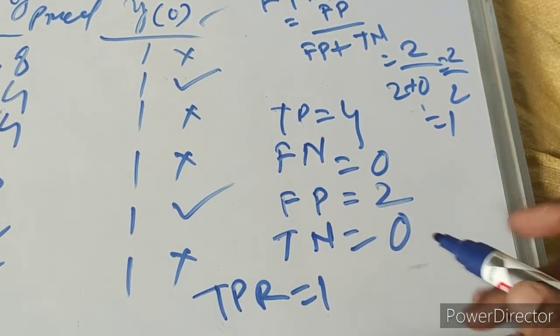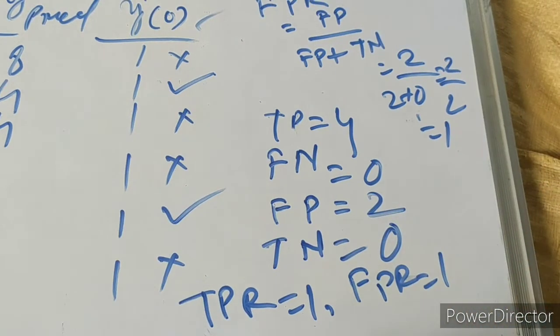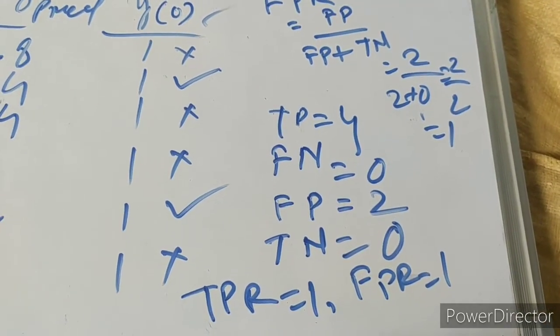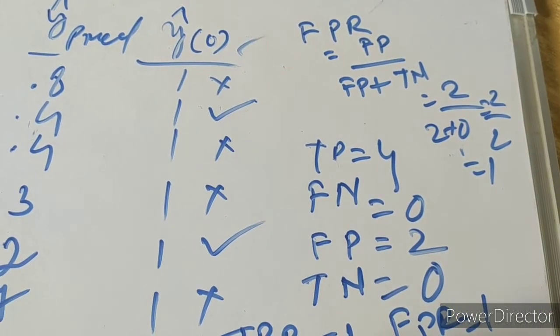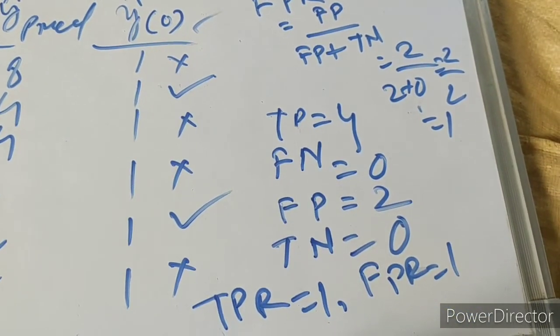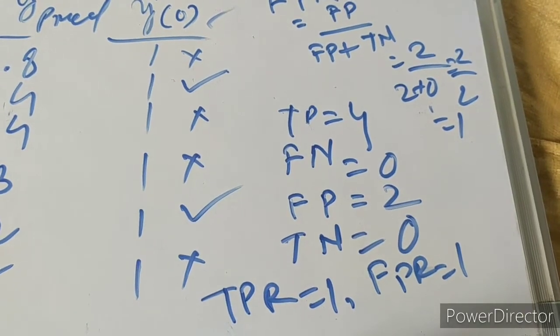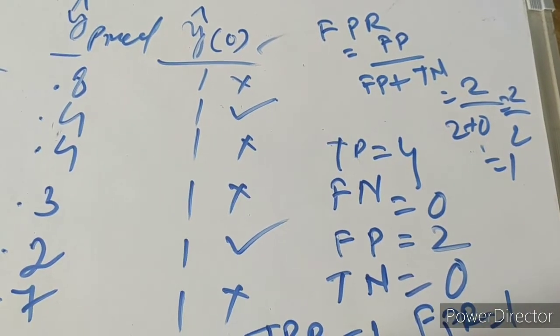So here FPR is again 1. So for threshold 0, we found our true positive as 4, true positive rate as 1, false positive rate as 1. So let's note it down somewhere.